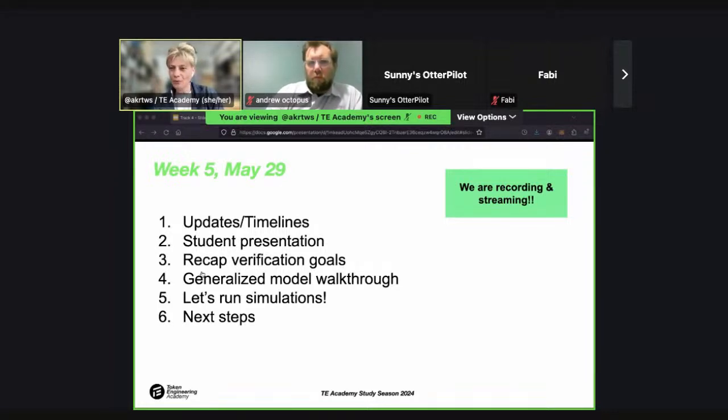Then Andrew, Octopus, will give us a walkthrough and show the GitHub generalized model he has created. And then let's run simulations together to train our token engineering muscles, our modeling and simulation muscles, and have all results we need and all verification steps we'd like to complete before we take the final decision. And this will be announced in the next steps.